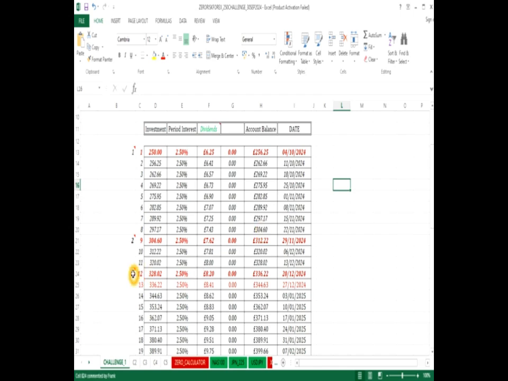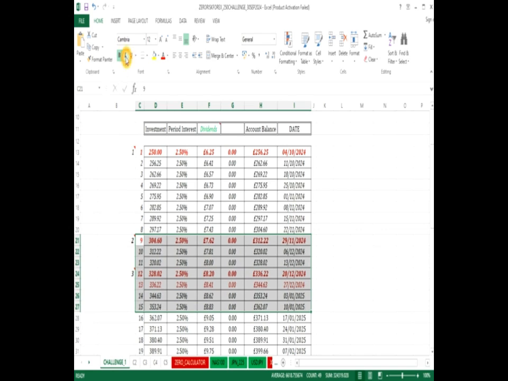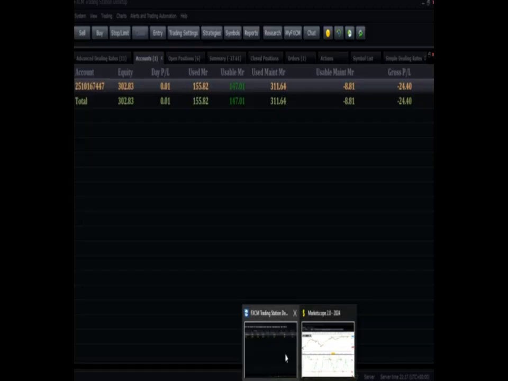So what I'm going to do is take all that back and set that back to black, unbold all those, and put that across, what are we, 302.